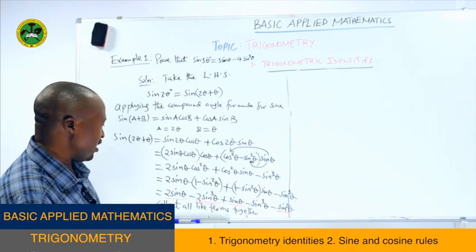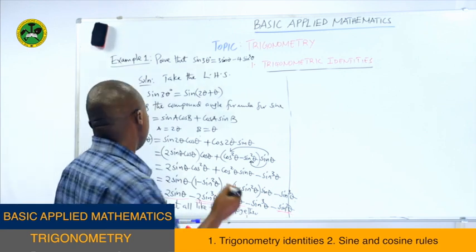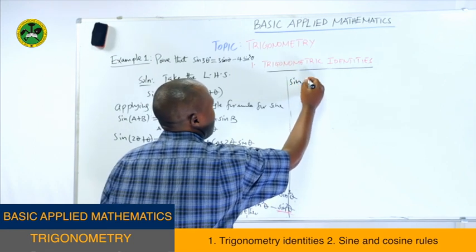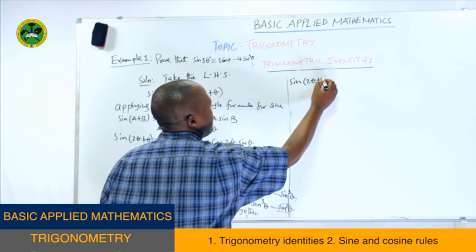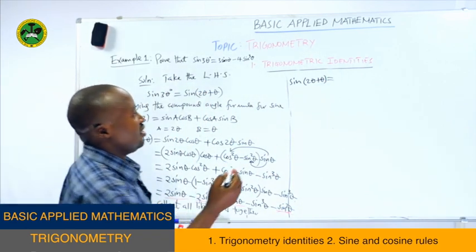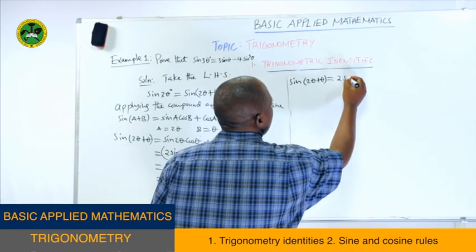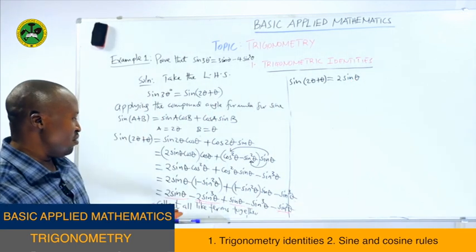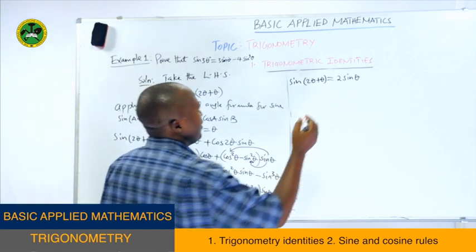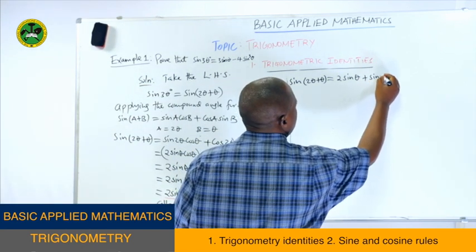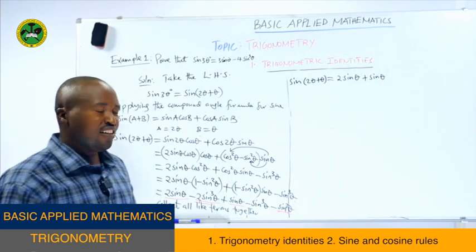Now, collecting like terms, sine 2 theta plus theta is equal to, then we start with 2 sine theta followed by plus sine theta.